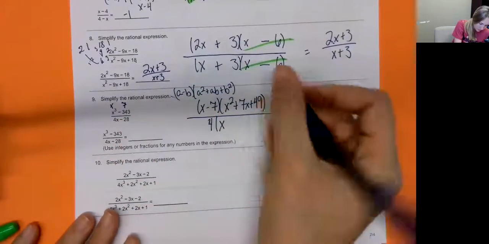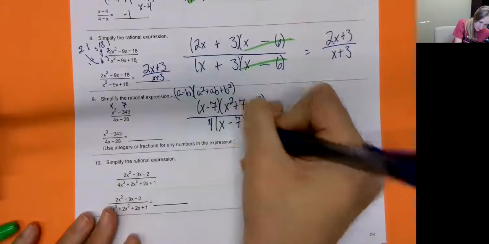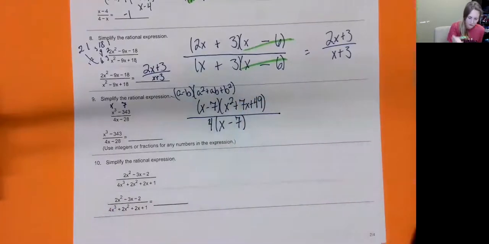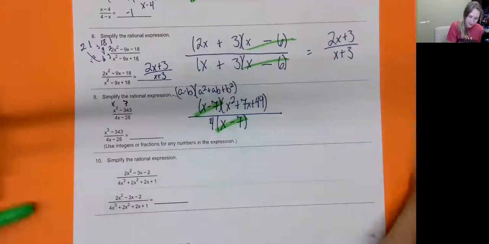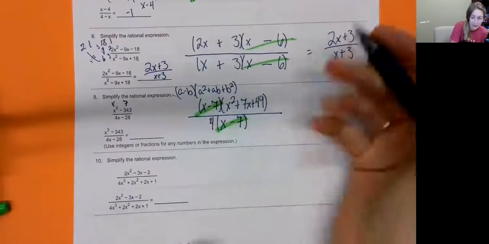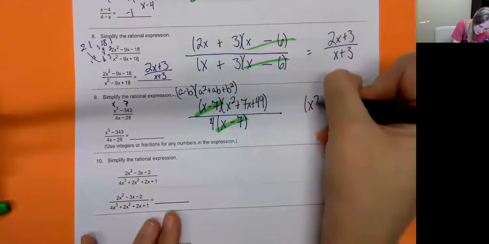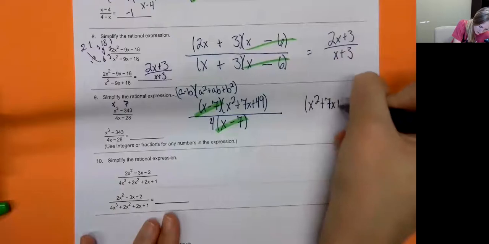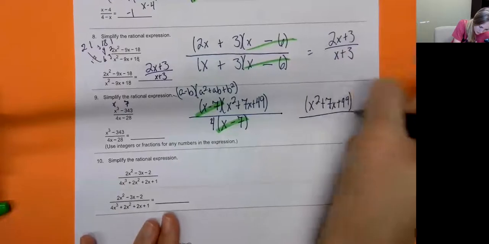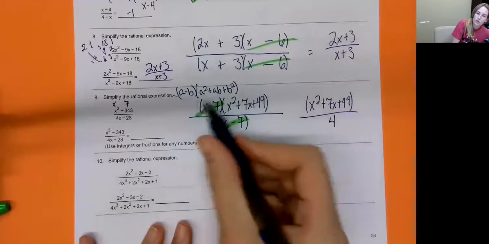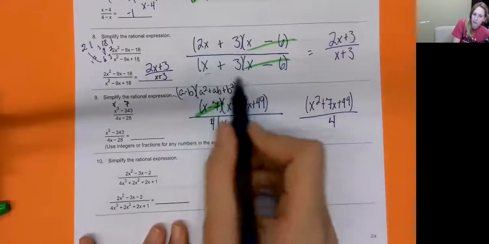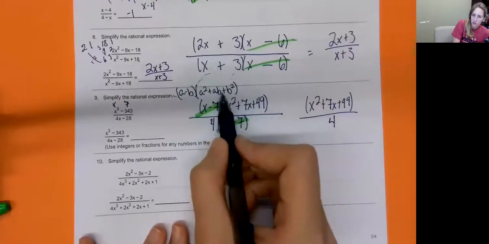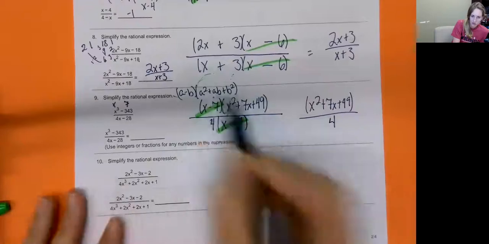The x is left over. 4 goes into 28 7 times. Those would cancel out. There's no factors of 49 that add to get 7. So x squared plus 7x plus 49. Know when you do your cube, when you multiply out your cubes, this part is never going to factor more. So that might be a handy note to have somewhere.